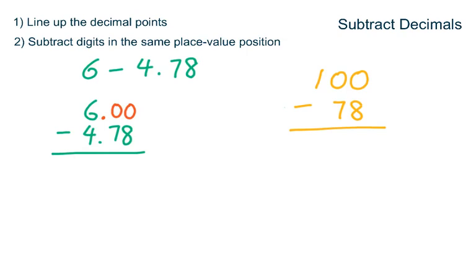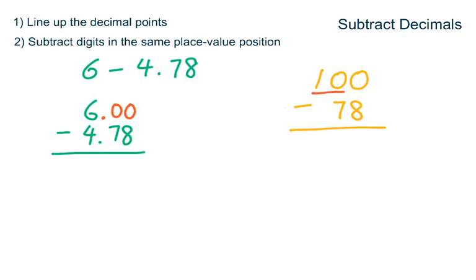There's nothing we can do. But then there's also nothing to borrow from the place to the left because it's another 0. So what you're going to do is you just have to borrow from the next number place over. Alright? Think of it as you're borrowing 1 from a 10.